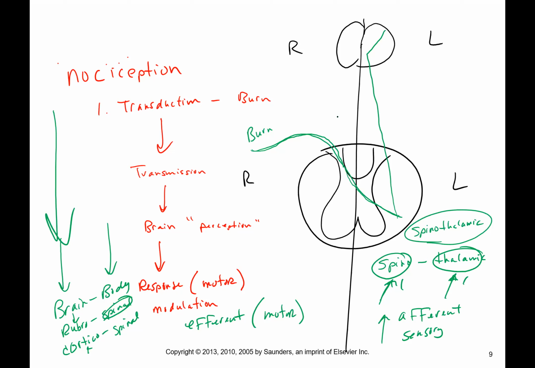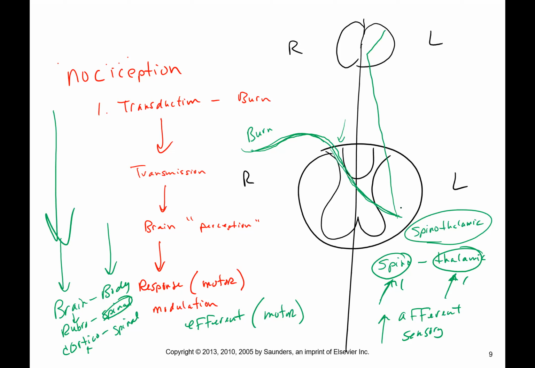One more time, the sensory nerve, so peripheral nerve, into the dorsal horn, crosses over at the level of the cord. At the level of the cord means if it's your hand, where do the nerves in your hand go into?